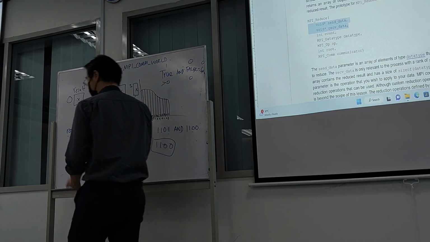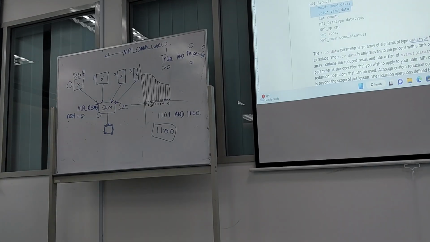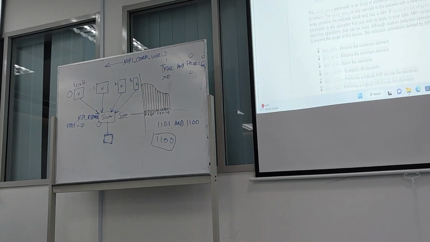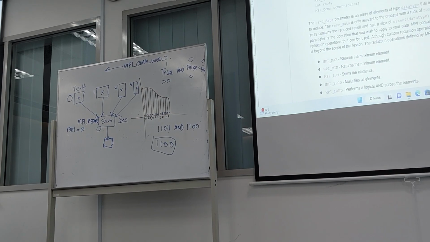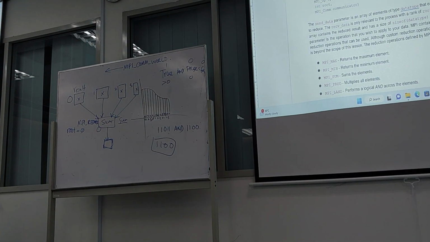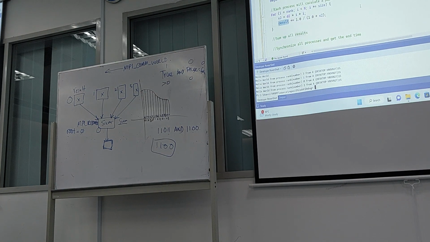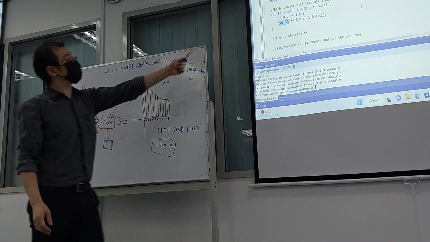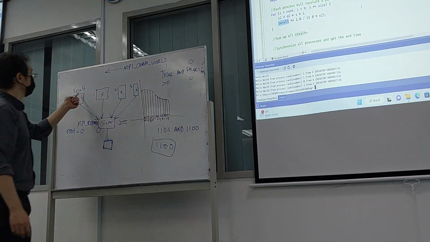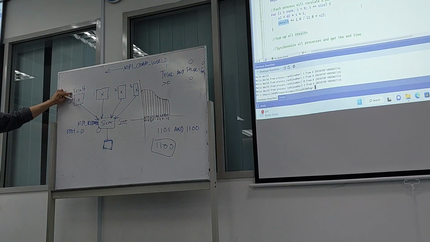The name is there. How do I know that? Because if you look at the program, all the processes are going to find their own result, right? So that will be the send data.